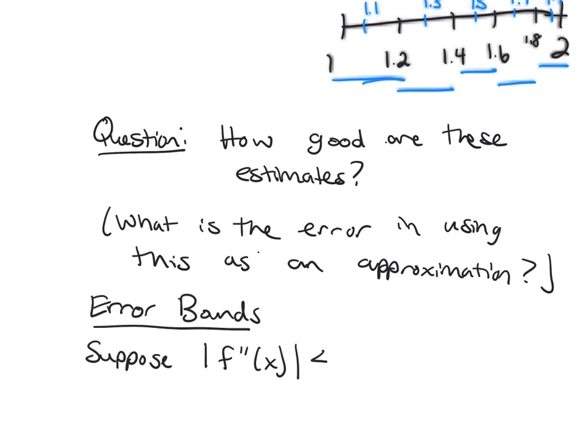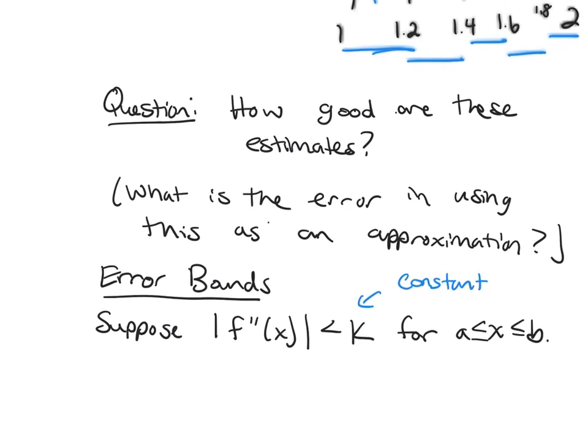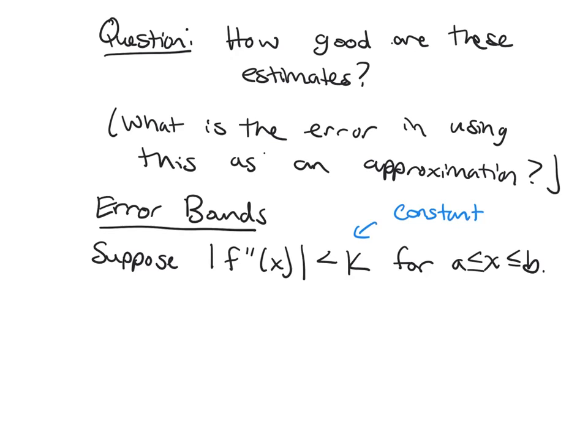You need to know a bound on it, this k, and this k is just a constant. We'll do an example in just a minute where I help you find the value of k, for x between a and b. And we're only going to concern ourselves right now with the error for using the trapezoidal rule and the midpoint rule.